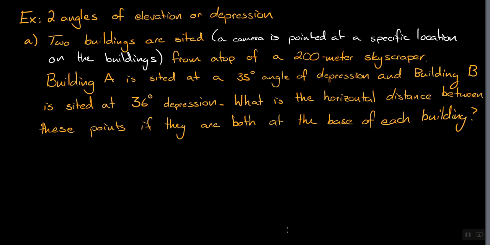We have another building, Building B, which is sighted in at 36 degrees. We are trying to find the horizontal distance between these 2 points at the base of each building, as long as we are working with the assumption that they are at the base. We're looking for the horizontal distance. This problem, when we encounter it, is going to require a little bit more drawing than the other ones, so make sure you leave space.